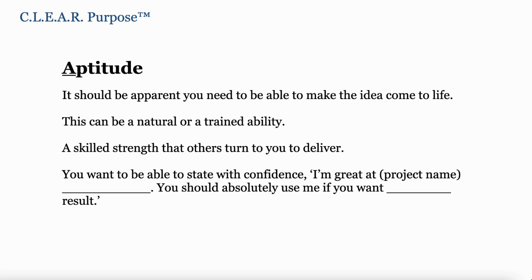It could be a skilled strength that others turn to you to deliver, but you need to be able to make this thing happen. You need to be able to state it with confidence. I'm great at blank, and you should definitely use me if you want X result. In fact, I'd encourage you to write that statement down and fill those blanks in, so that you really feel good about you being the one.